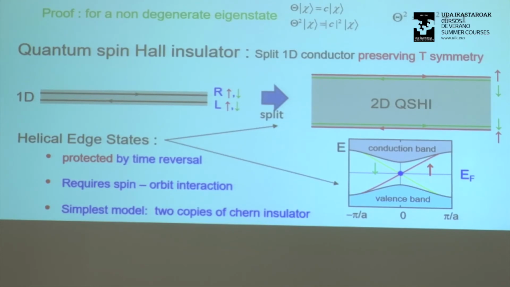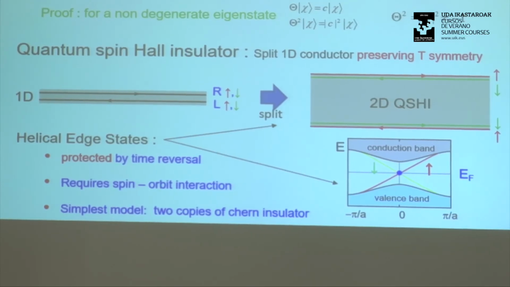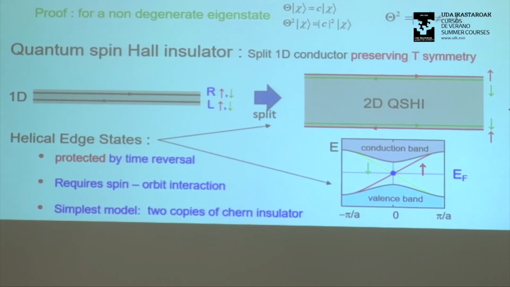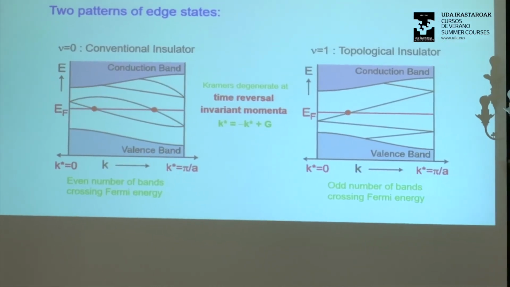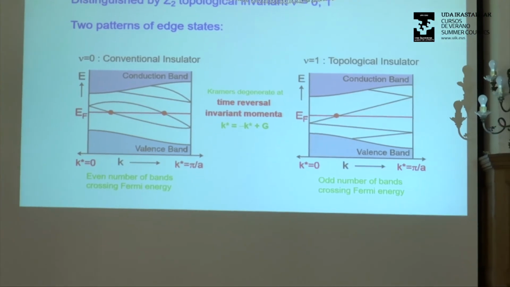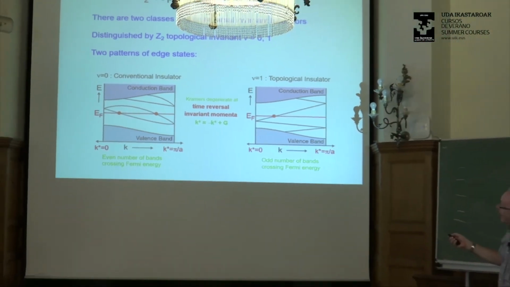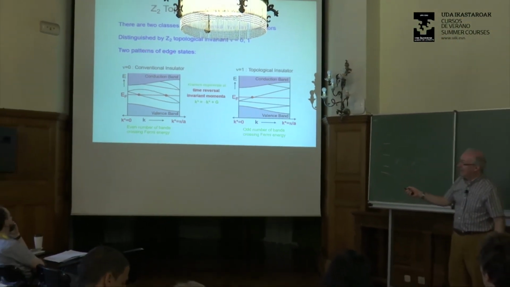And those are the only two cases. So when you have time reversal, the insulators in 2 dimensions are characterized by a Z2 topological invariant that only has 2 values.